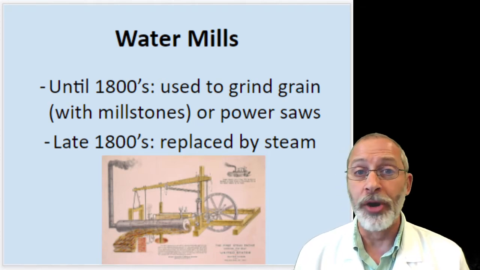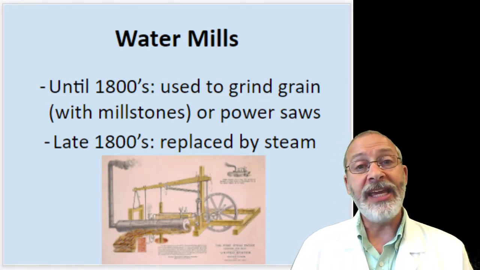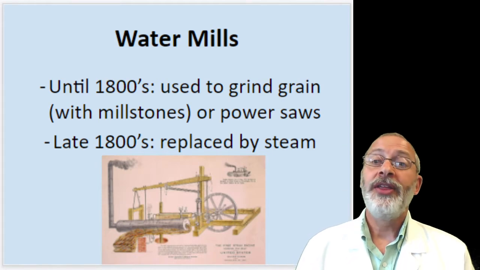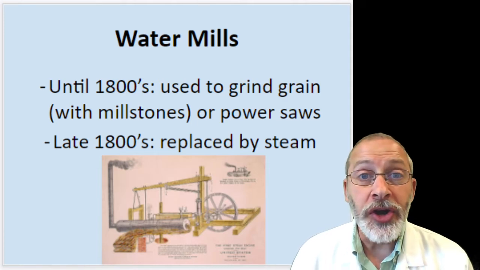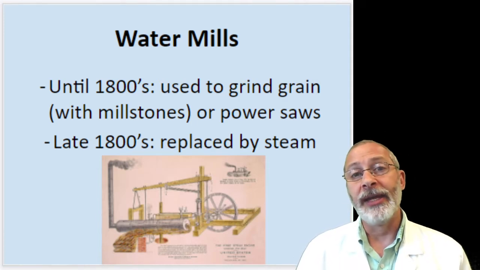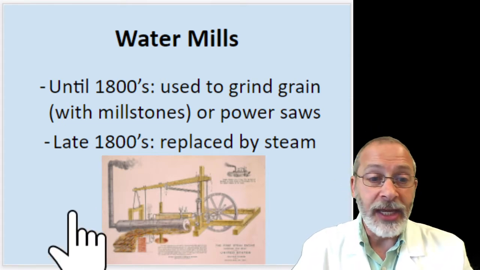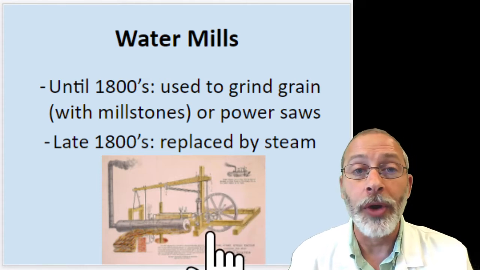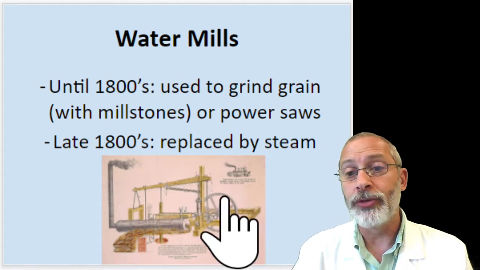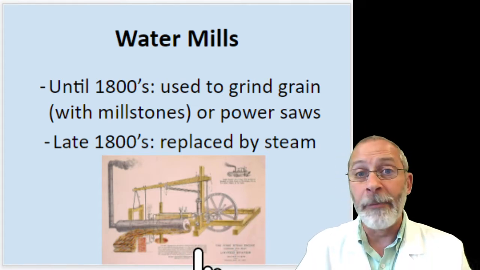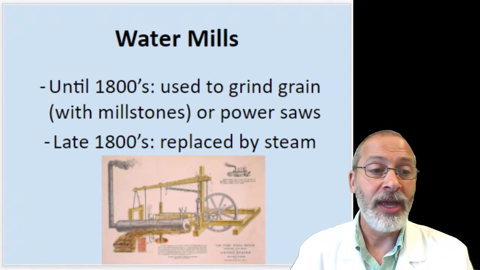And all they had to do was burn a fuel like wood or coal and create enough heat energy to turn the water into steam, which would be powerful enough to turn various turbines and, well, locomotives too, for that matter, but turn the engines in order to do the work that water wheels used to accomplish. So, grinding grain, cutting lumber, all of those things were replaced with the steam engine.